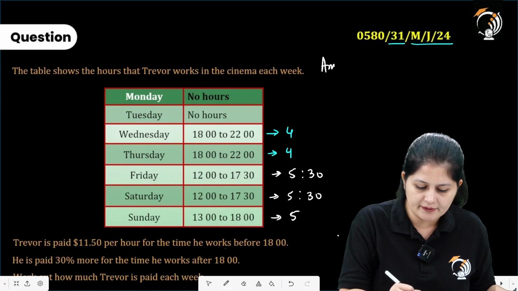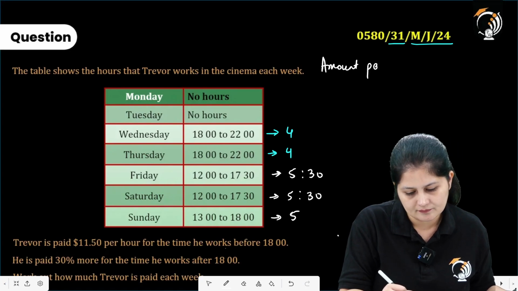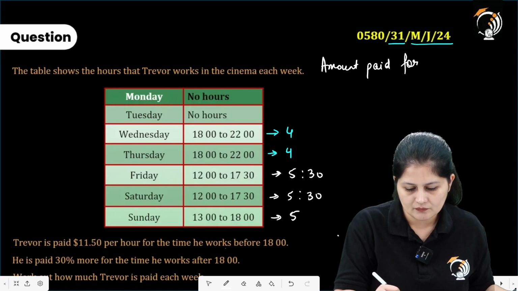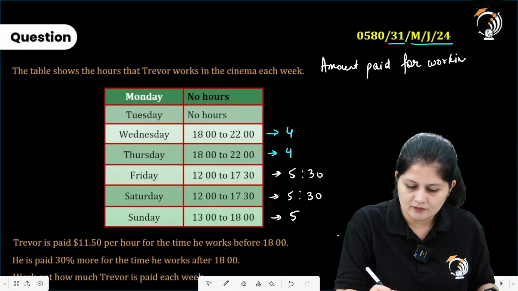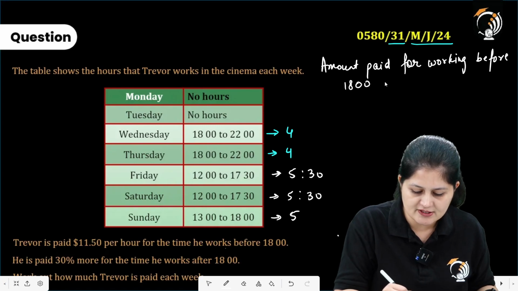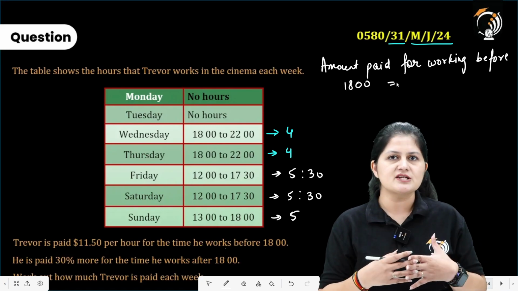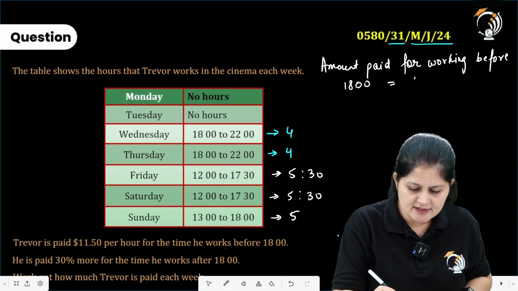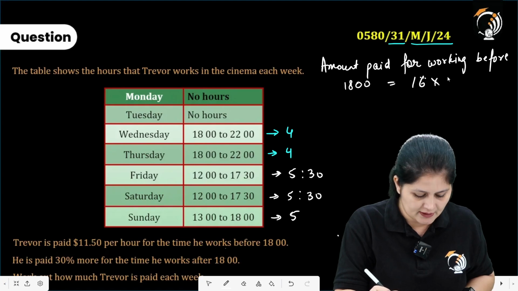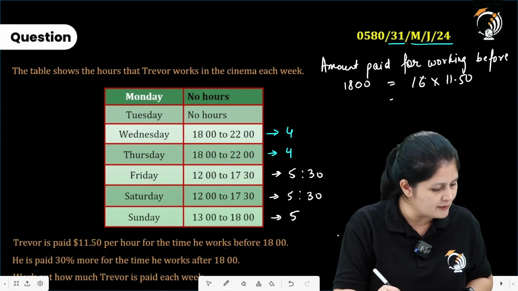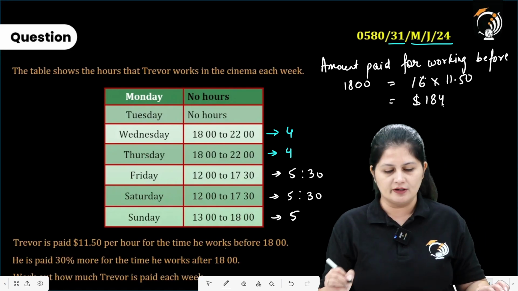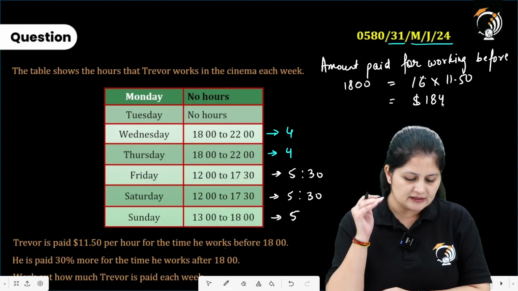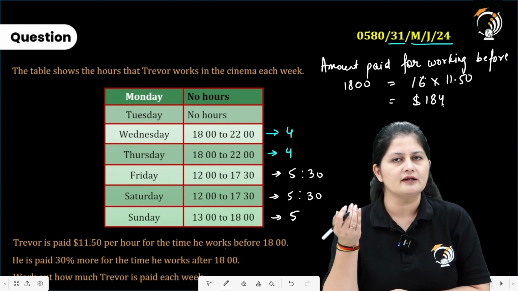So amount paid for working before 1800 is going to be equal to the number of hours for which he is working, 16 here, multiplied with 11.50. So let's calculate what we are getting here. So that means he is being paid $184. Further, he is working for 8 hours after 6 p.m.